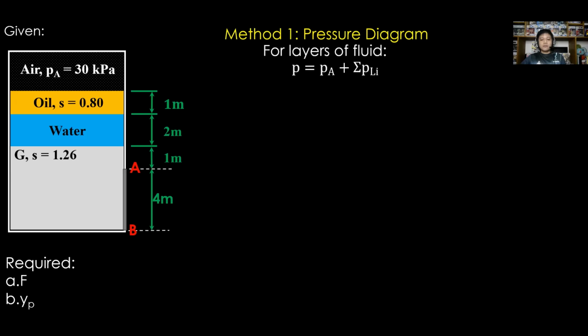That is the summation of P over L sub i. Substitute the pressure of the liquids involved, the oil, water, and glycerin. And pressure is equal to gamma times h.